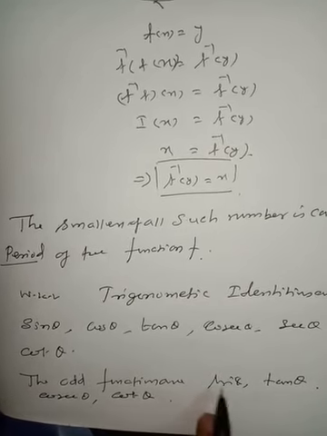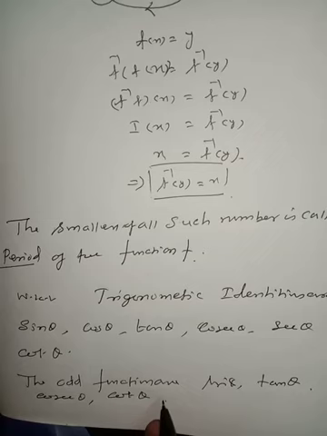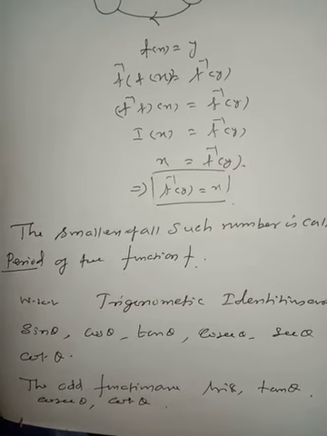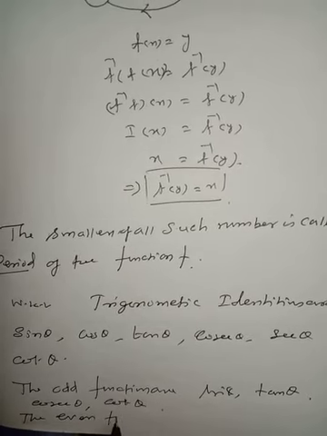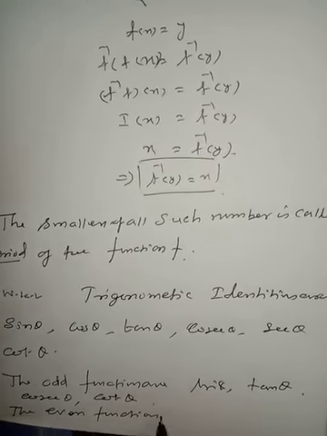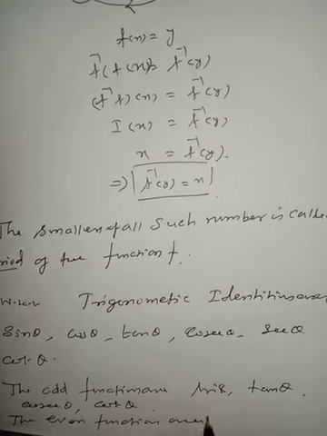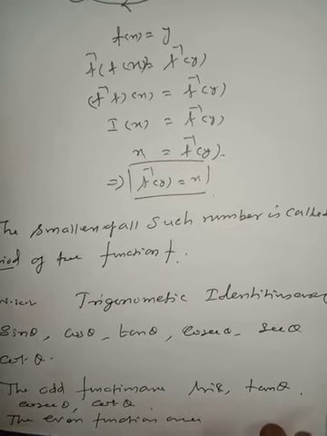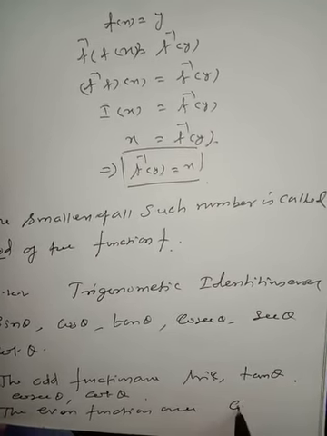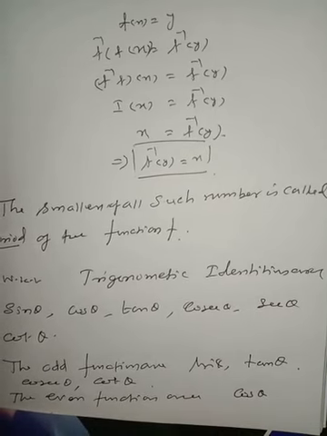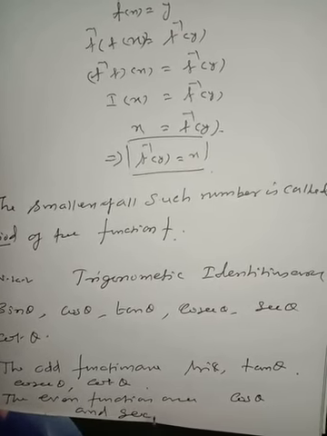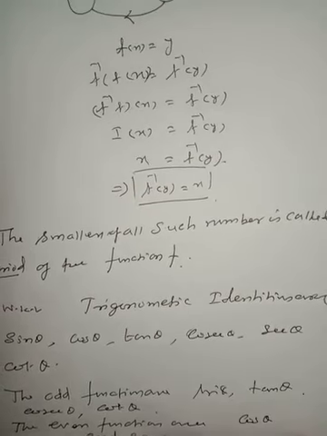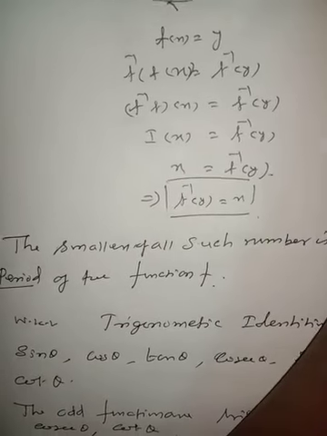These four trigonometric ratios are odd functions. Now even functions. Even functions are cos theta and its reciprocal secant theta. These two are even functions.